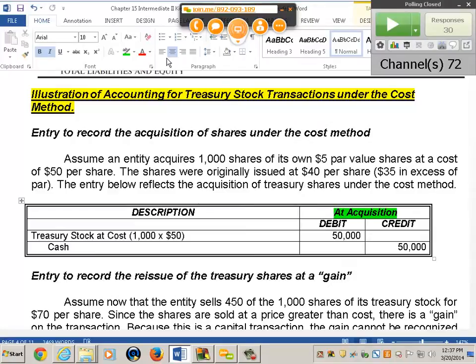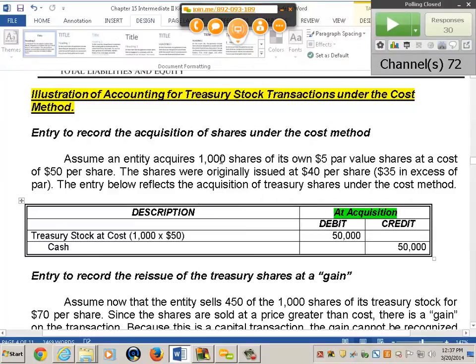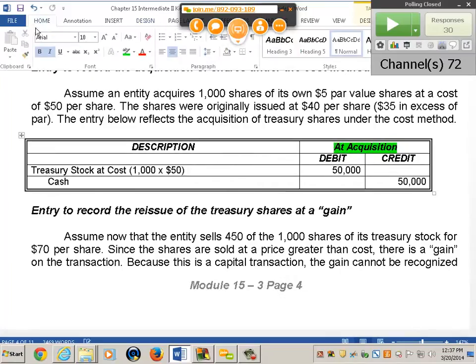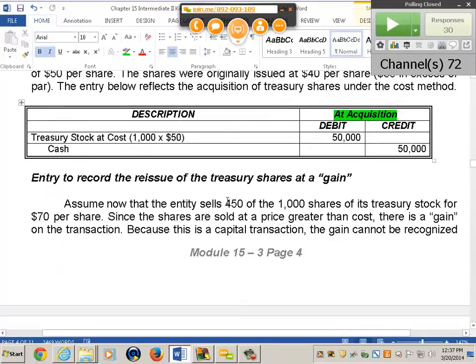A few months later, company decides to sell the stock. It's going to sell 450 shares at a price of 70. So the selling price, 450 times the 70. So they're going to sell the stock at a total of $31.5.